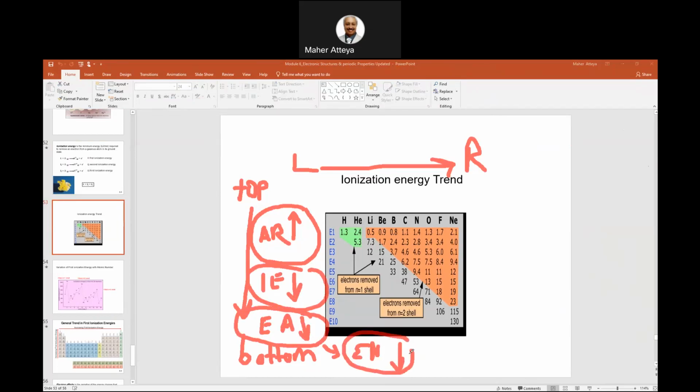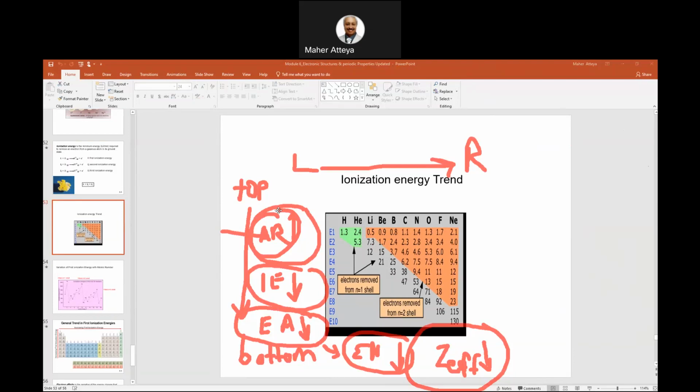And the effective charge will go down. Now, can you see the picture here? The exception to the rule is this one here, which is always opposite to all the rest of the physical properties.